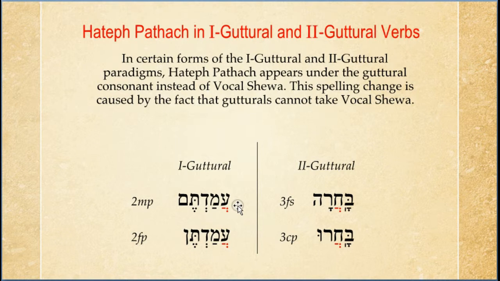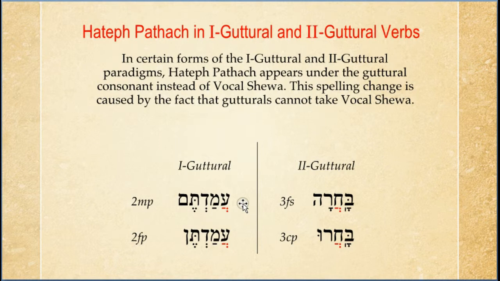Since this is the second masculine plural form, normally it would have the shva, and that shva would be vocal, but you can't have a vocal shva underneath a guttural. So essentially, what you have is a chataf patach, and consistently, in the places where that occurs, the chataf patach is being inserted.